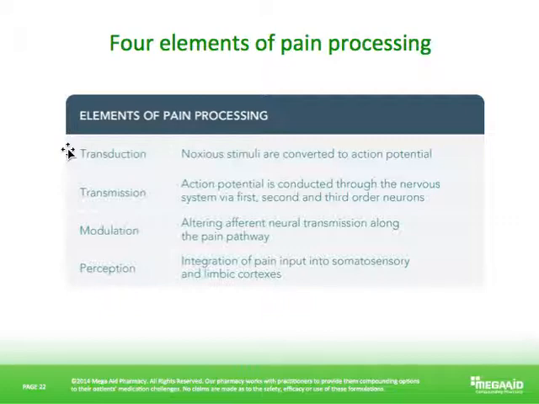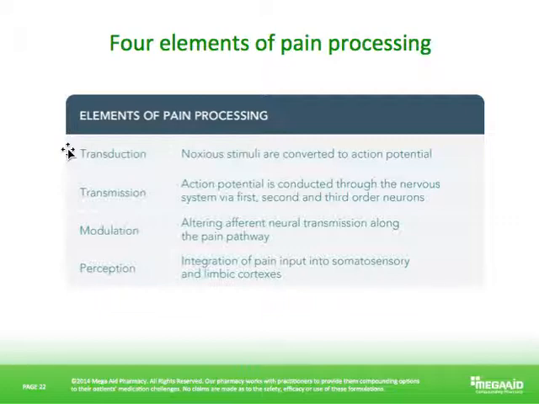For example, a mechanical stimulus is when you hit your foot with a hammer if you're doing some kind of construction project around the house. You accidentally hit your foot, and that would be a mechanical noxious stimulus. A thermal stimulus would be if you accidentally burn your hand on a stove when you're cooking. All of those stimuli cause tissue damage.